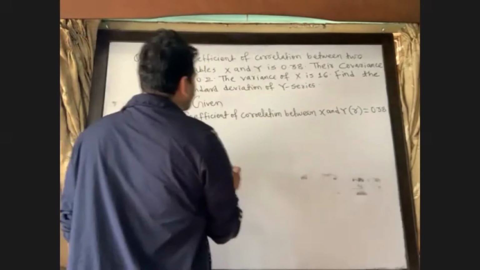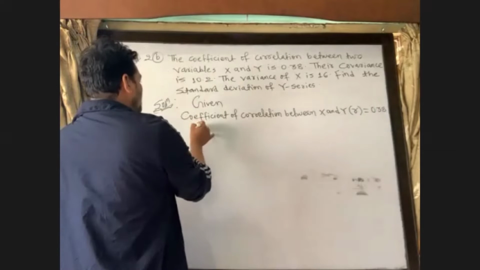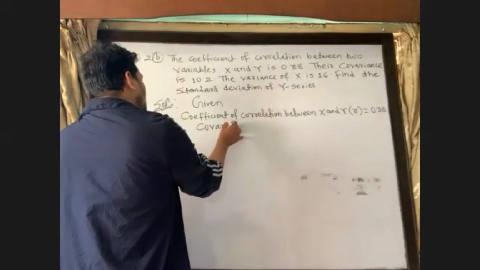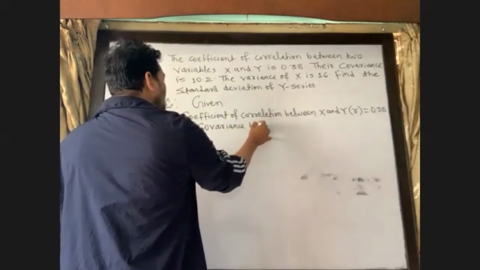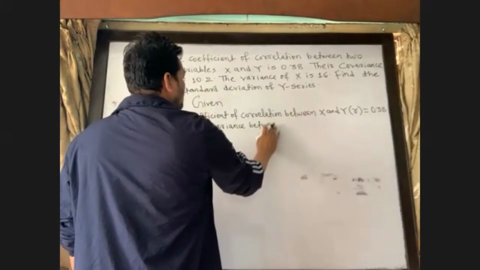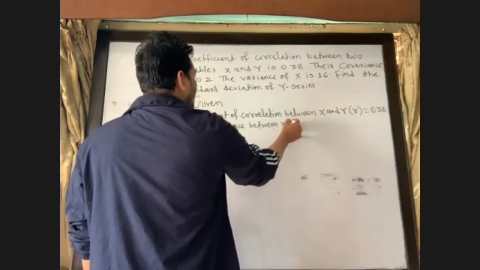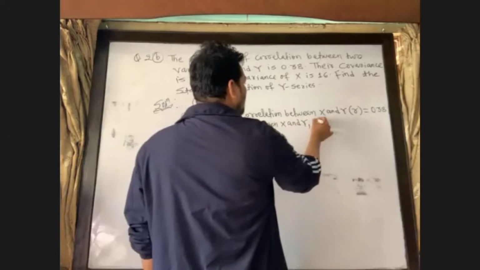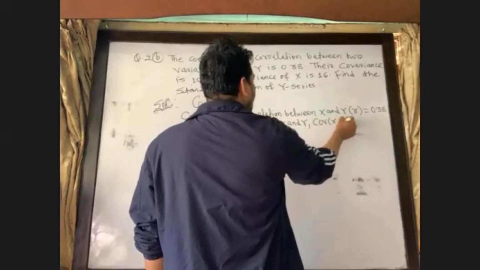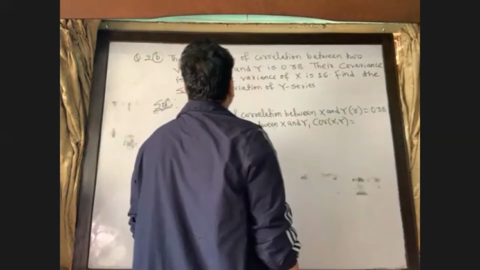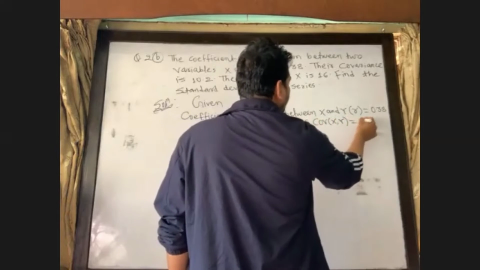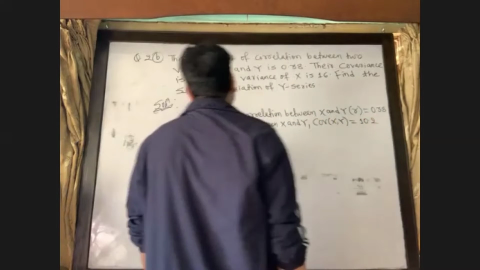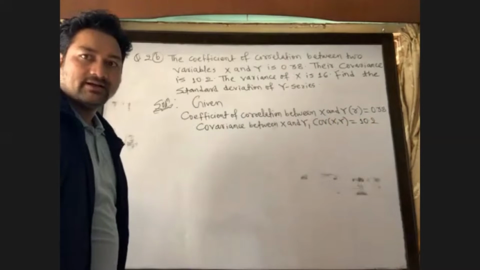Their covariance, the covariance between x and y, COV x, y, is equal to 10.2. That is also given.